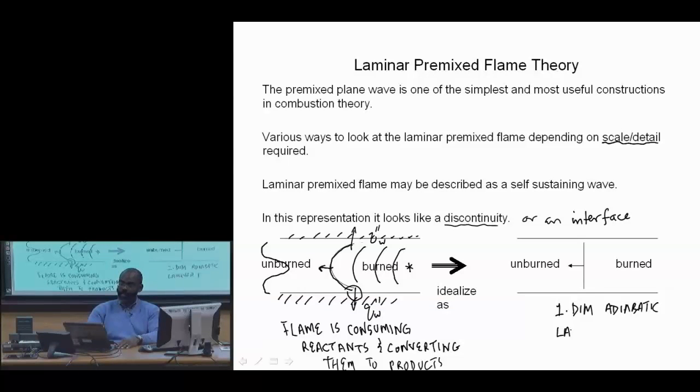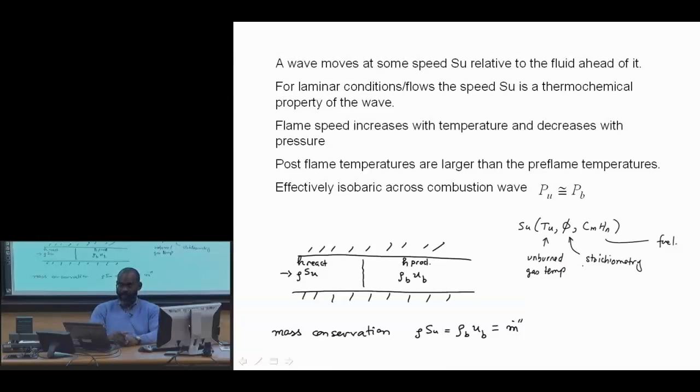This is a theoretical construct that allows us to infer and describe lots of different aspects of flame behavior. So again, we're just using that to understand what's going on in this system. So this one-dimensional adiabatic laminar flame moves at a velocity called the laminar flame speed, oftentimes given the symbol S sub u.